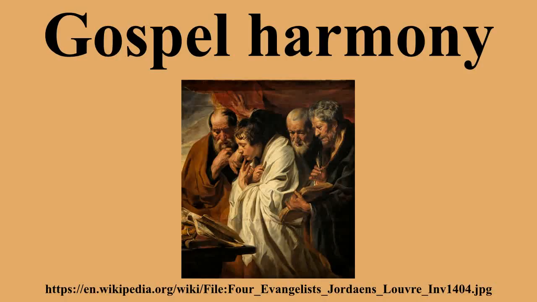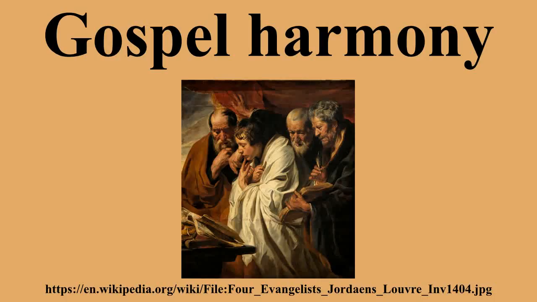The terms harmony and synopsis have been used to refer to approaches that aim to achieve gospel harmony, although they are different approaches. Technically, a harmony weaves together sections of Scripture into a narrative, merging the 4 Gospels. There are 4 main types of harmony: radical, synthetic, sequential and parallel.